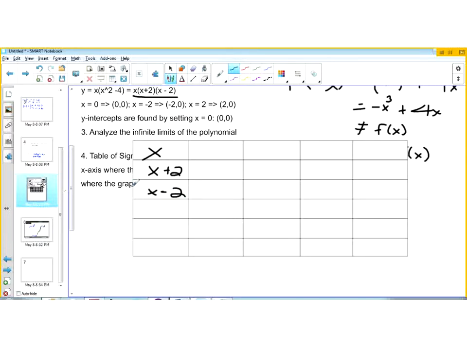Now, if it happens that one of the prime factors is duplicated, is repeated, then you'll repeat it in the column as well. So for instance, if x minus 2 were repeated 2 or 3 times or more, then you would list it for each occurrence in this column. So in the first column, list the prime factors, and then in the last cell of the first column, list your output, f of x, right? So that's the first thing you want to do.